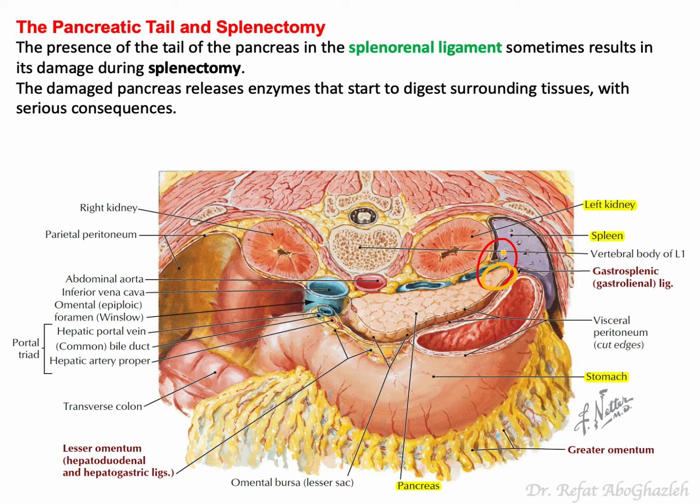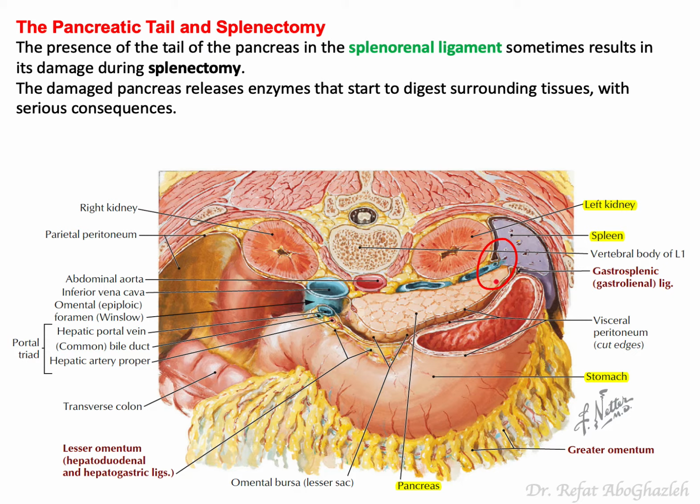What does it mean? Okay, I will tell you. Look at the tail of the pancreas, located in this ligament between the spleen and left kidney. In case of splenectomy, when they remove the spleen for one reason or another, this can sometimes jeopardize the tail of pancreas and create a kind of injury to the tail.